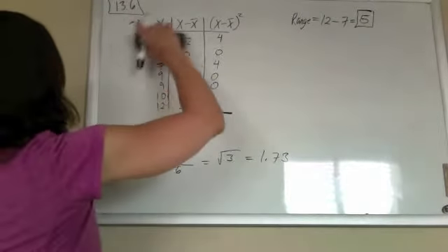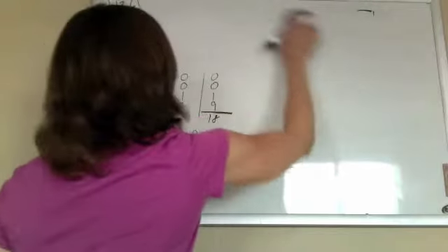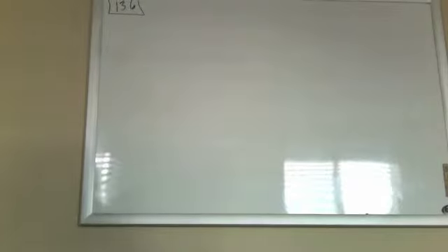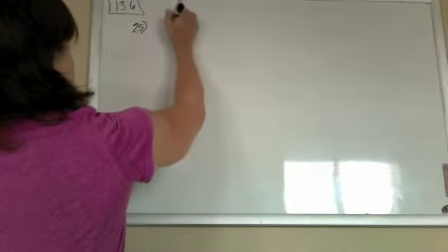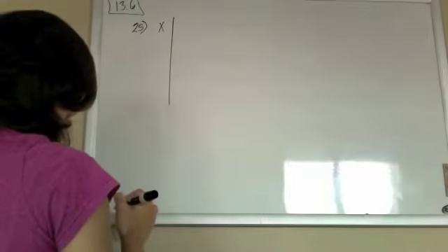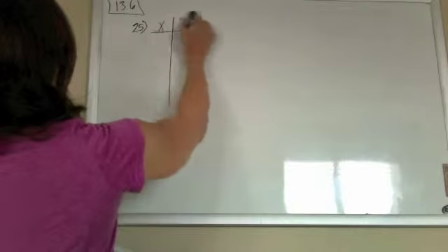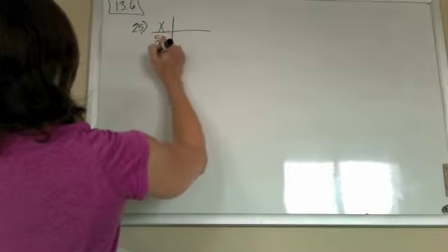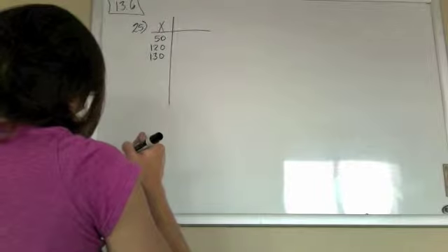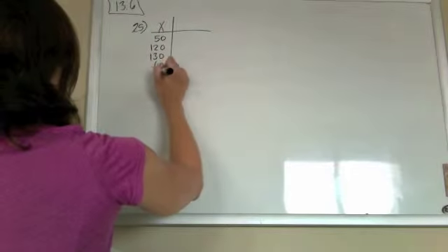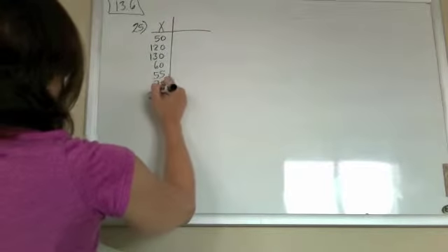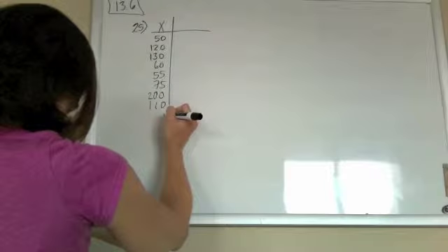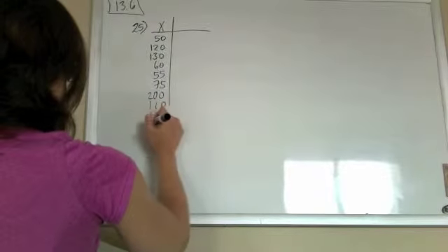25, we're going to do the same thing. So, writing down the scores, we have 50, 120, 130, 60, 55, 75, 200, 110, 125, 175.